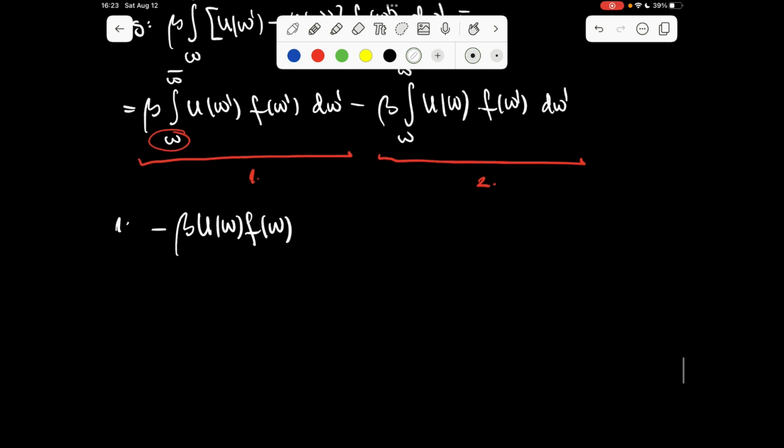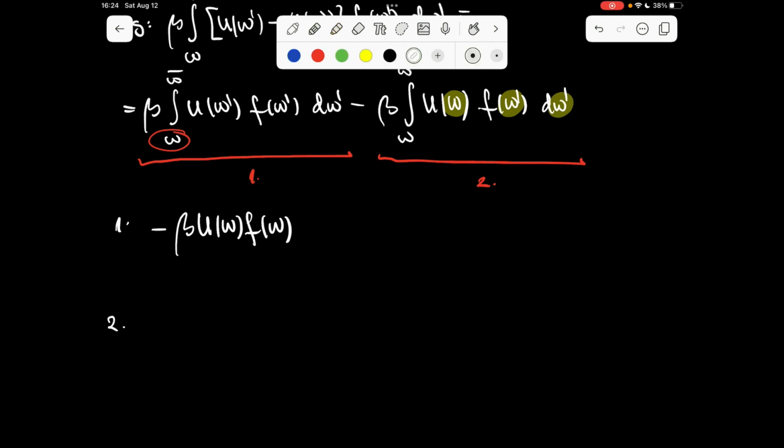It's an easy feat. Section 2. We need to realize, this is very important, that this wage is not the variable of the integral.